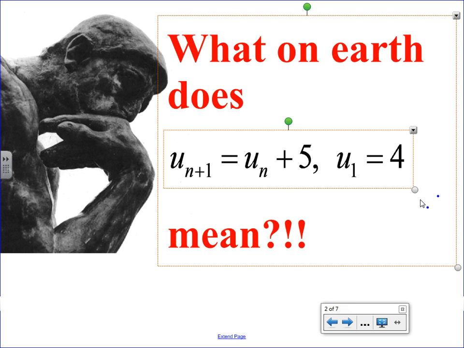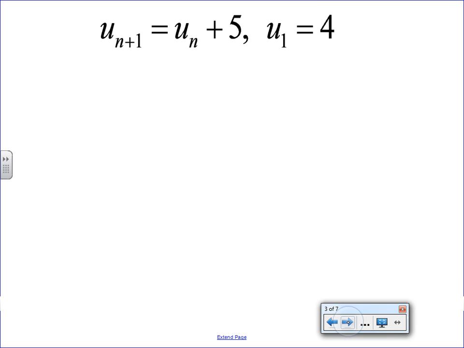So we've got u(n plus 1) is un plus 5, comma, u1 is 4. What we're going to do is take n. n is the nth term. First term, second term, third term, fourth term. This isn't necessarily an arithmetic series, it might be, it's just a random series. So u1 is the first term.